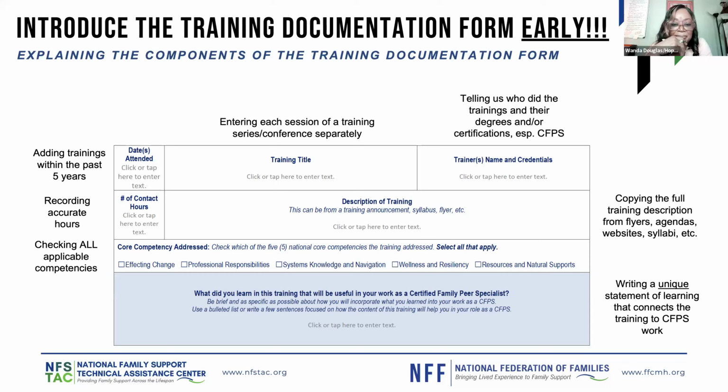Mm-hmm. And then the last thing that some people kind of miss is, I see a lot of times we want to see a wide range of competencies. And sometimes people just pick one for each training. But like Gail was saying earlier, most trainings are going to hit more than one competency. So I like to see it when, I don't like it when people put all 5 for all trainings, because that's not true either.